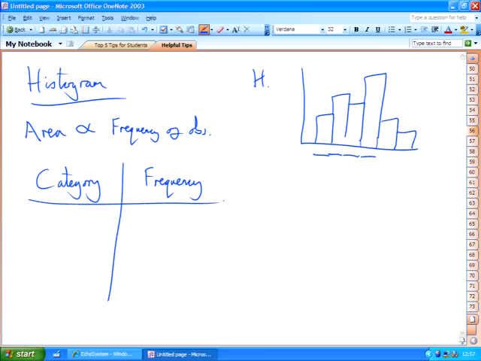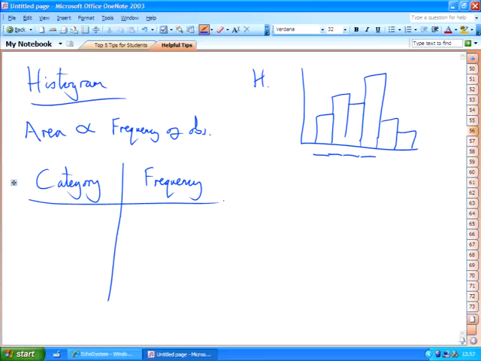Now, a good piece of advice when you're doing a histogram, because it's the area which is proportional to the frequency of the observations, is, if possible, construct your histogram such that your class widths are all of the same width. Because if these class intervals or category intervals are of the same width, then the height will be proportional to the frequency of the observations. So it's much easier to construct the histogram by having equal width categories.